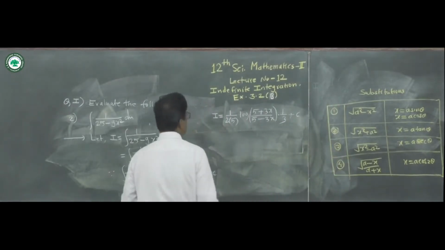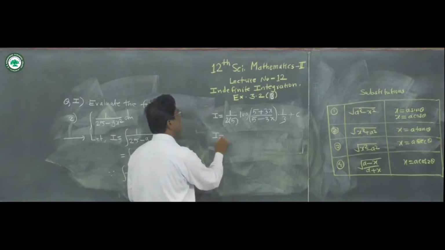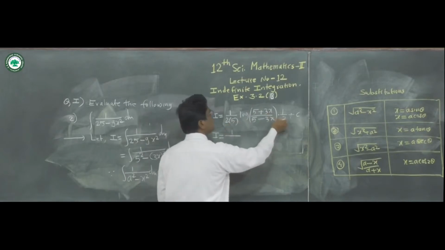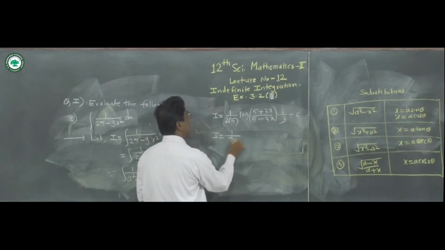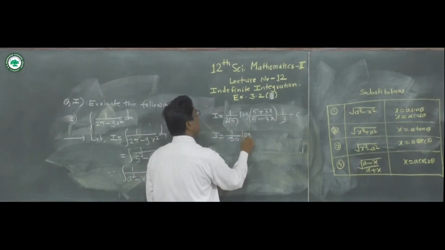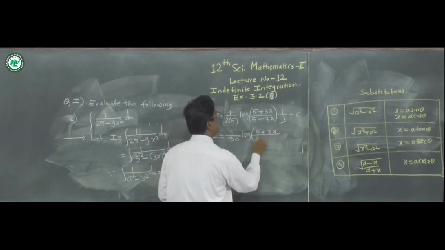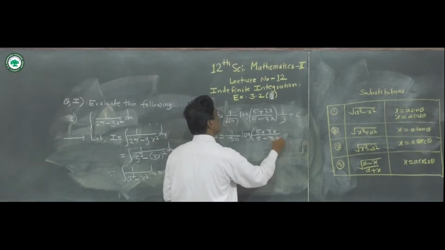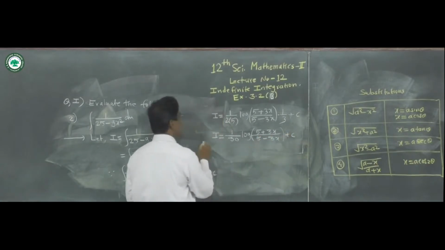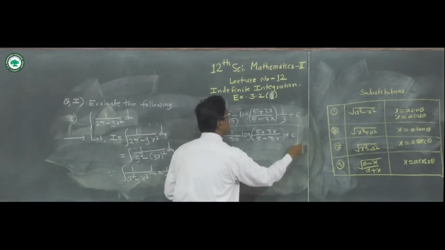And so the final solution is I is equal to 1 upon 2, 5s are 10 and 10 3s are 30, so 1 upon 30 into log of (5 plus 3x) divided by (5 minus 3x) plus constant of integration. This is the final solution.